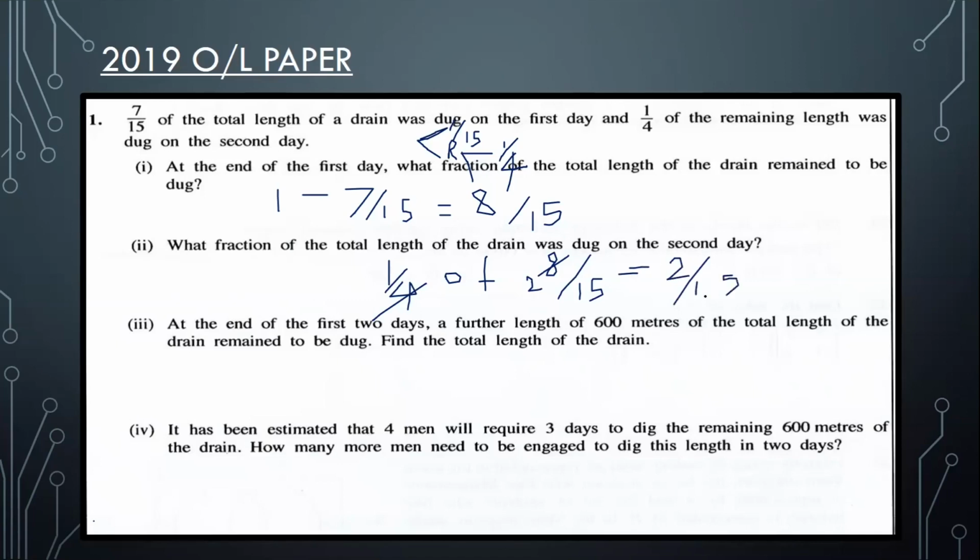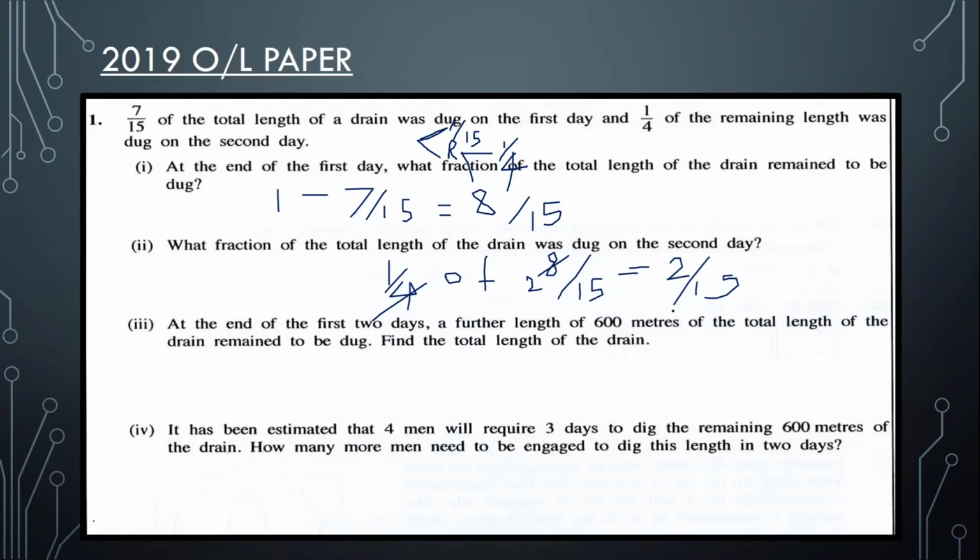So the next question: at the end of the first 2 days, a further length of 600 meters of the total length of the drain remained to be dug. Find the total length of the drain. So after finishing the 2 days work, you have another 600 meters left. So what is the amount that has been dug for both days?